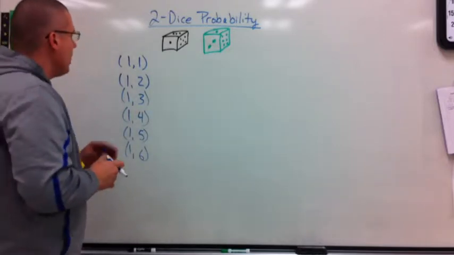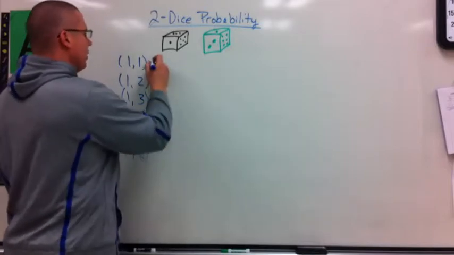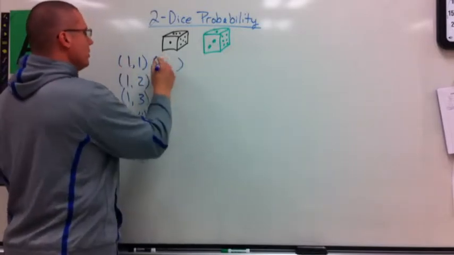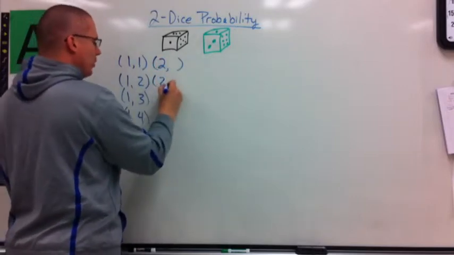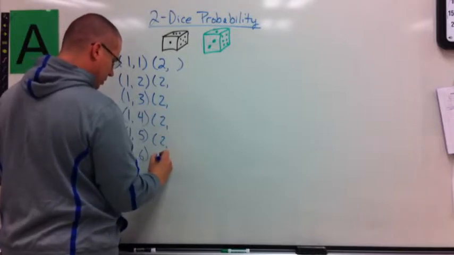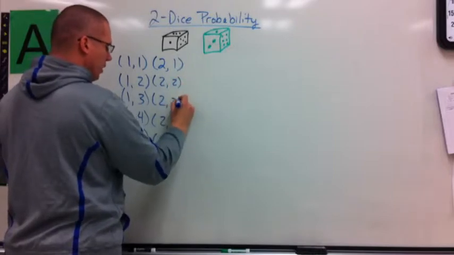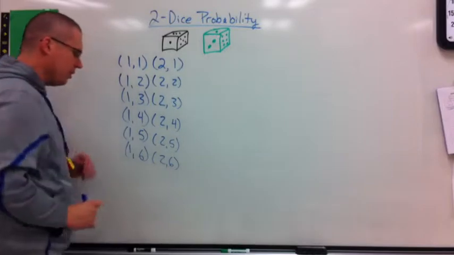Okay? Now, what I can also do is work to build my chart. So let's say the black one now becomes a 2. Well, what can the green one be? Let's say the black one stays at 2 the whole time. I could have a 1, a 2, 3, 4, 5, and a 6.